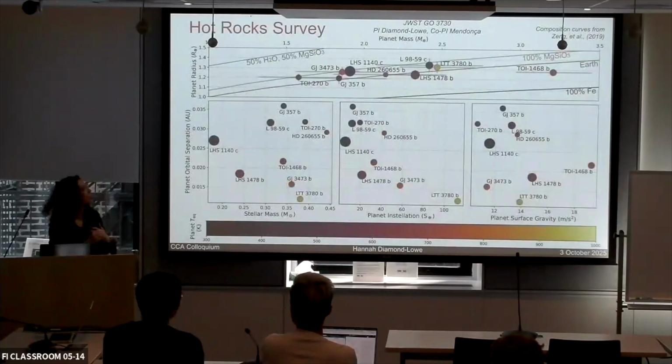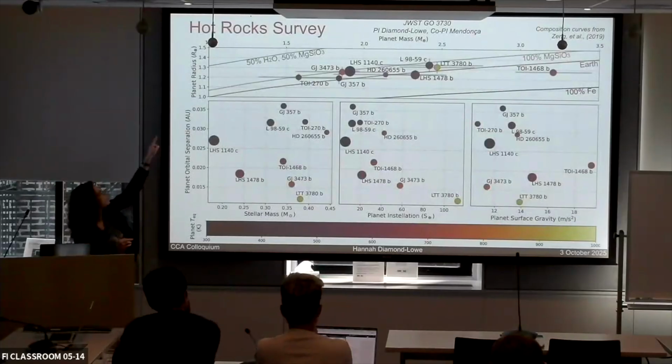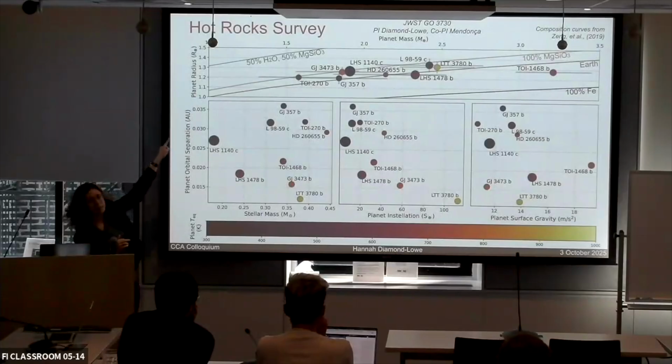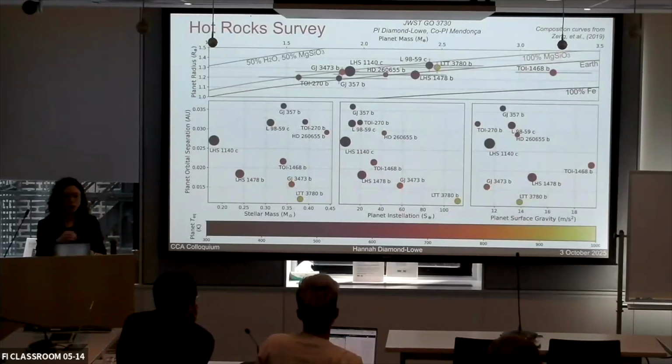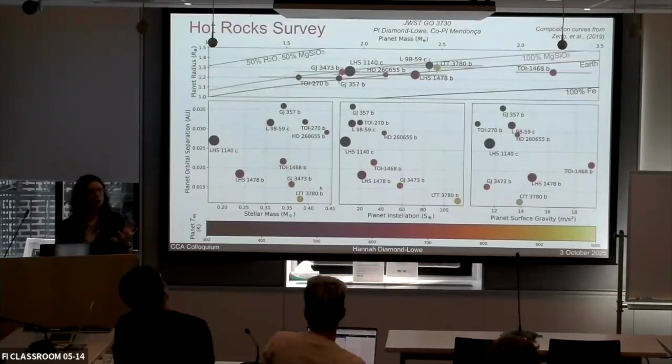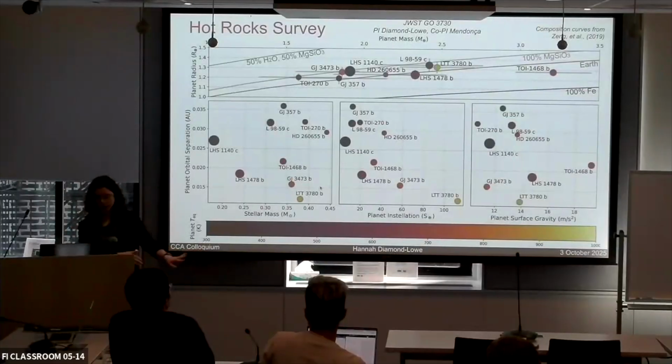Okay, so just a brief overview of the survey. As you can see, I've zoomed in really tightly on this radius mass space. So these are planets with really well measured radii and pretty well measured masses. They span some range of stellar mass. These are all early to mid M's, no late M's.